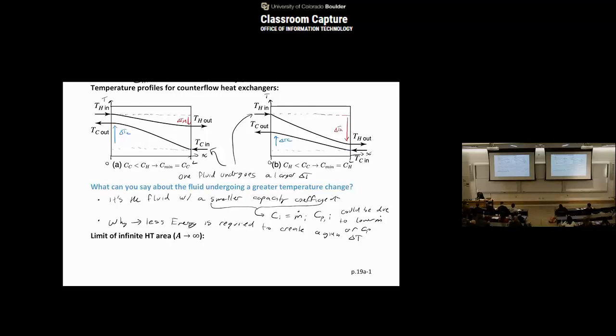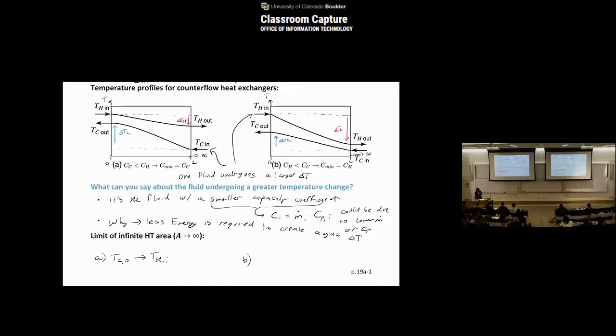As this goes to infinity, this temperature difference shrinks further and further until, for case A, the cold outlet temperature approaches the hot inlet temperature. Does anyone want to try a similar analysis for case B?